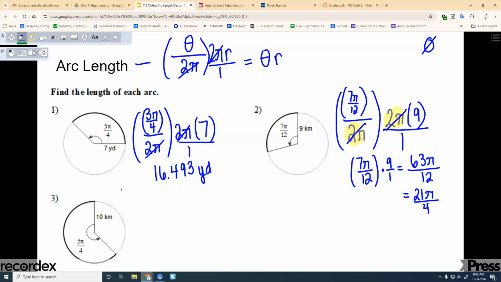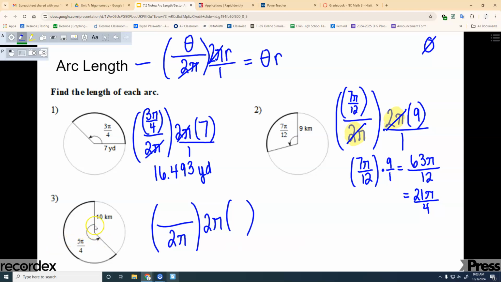Okay? So for number 3, our formula is our angle over 2 pi times the radius. Jasper, on number 3, what is our angle? It is not 10. Okay?